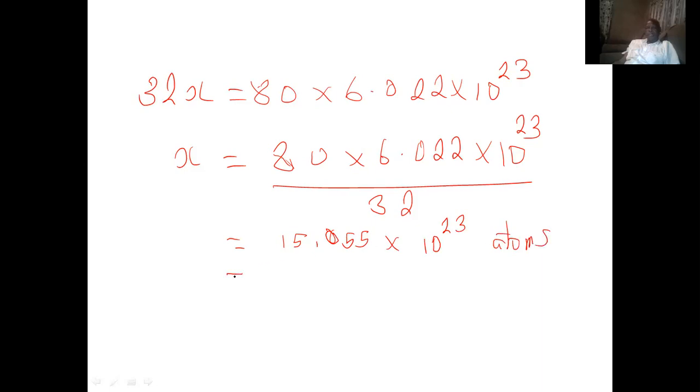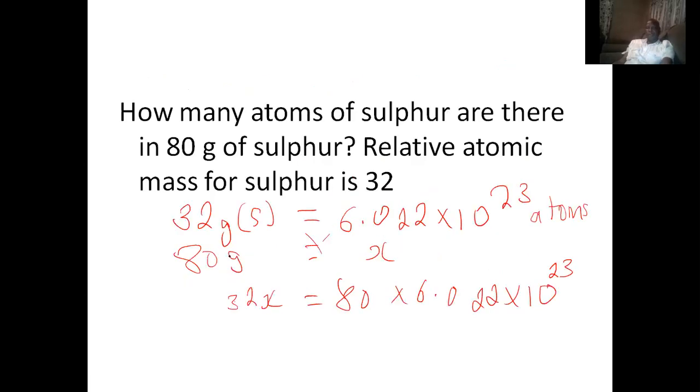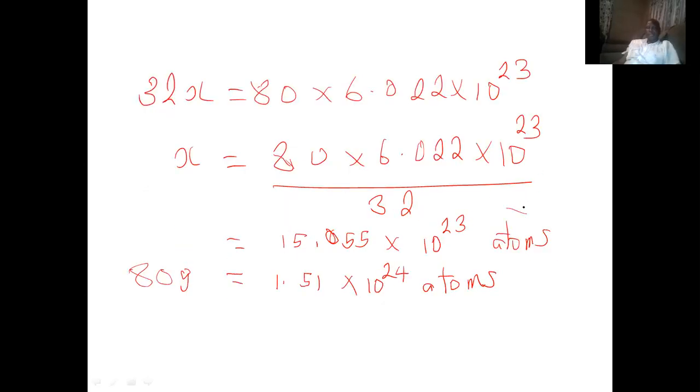If we write it in standard form, it will be 1.51 multiplied by 10 to the power 24 atoms. And we know that in 80 grams of sulfur, we are going to have this number of atoms.